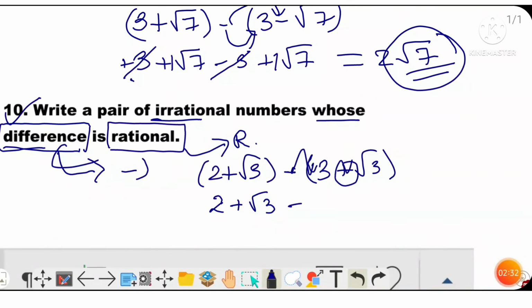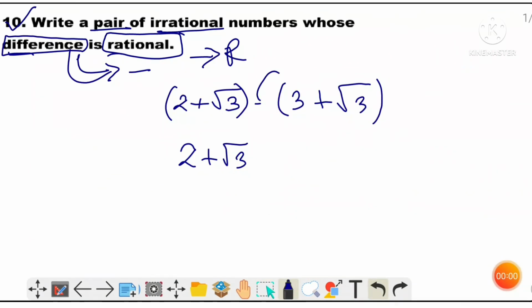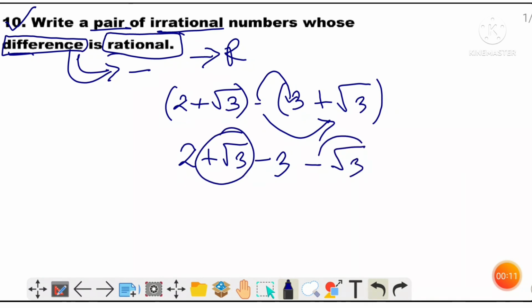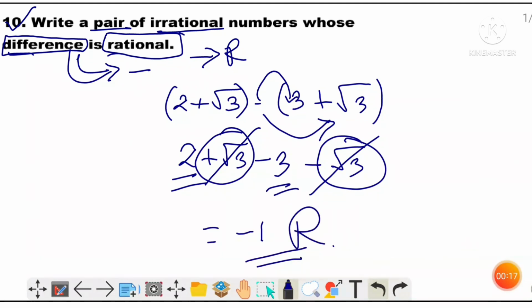Minus into plus, minus, minus into plus, minus. So here we'll get 2 plus root 3 minus 3 plus into minus, minus root 3. Here we got the opposite sign, plus and minus, so it will cancel out. Then we'll have 2 minus 3 is minus 1. That is a rational number.